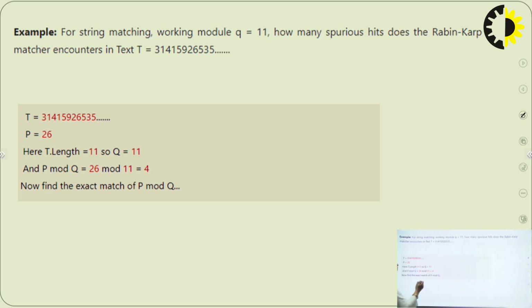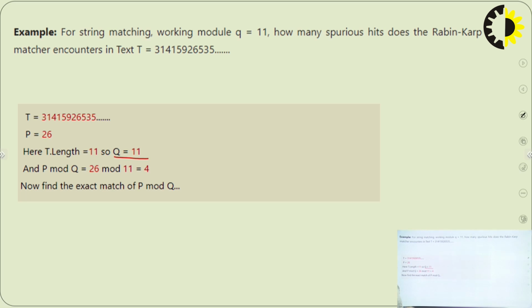Here we take a prime number, and the best choice is a prime number near the length of the text. In this example the length of the text is 11, but the text will not always have length 11. We take a prime number near the length of the text, so q is 11.